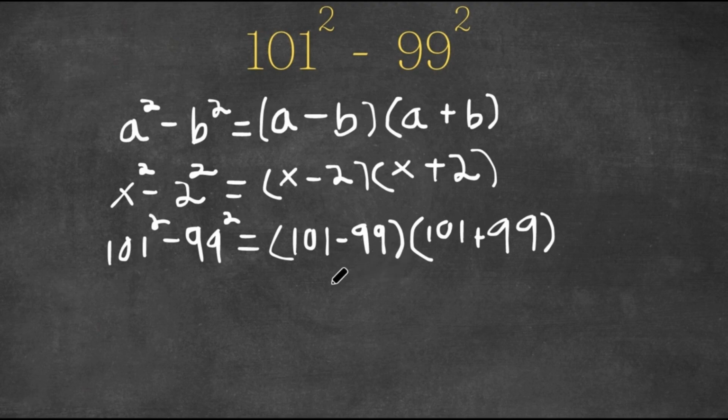Now, 101 minus 99 is 2. So we have 2 times 101 plus 99.